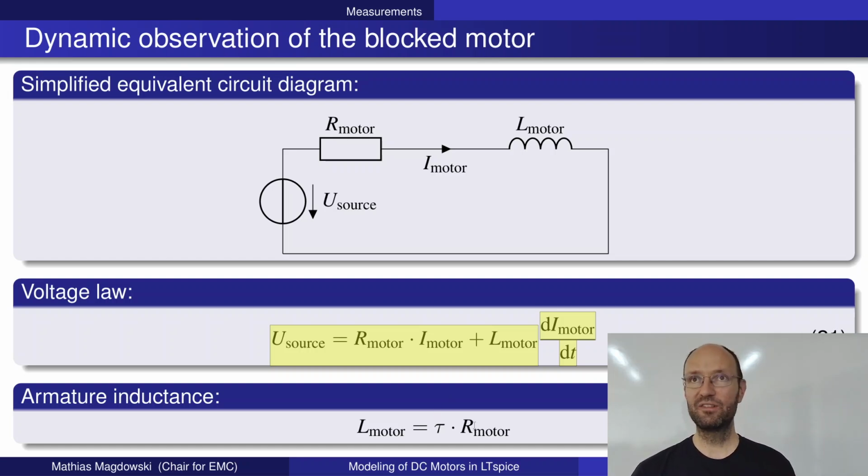And one step in the solution is that the time constant of this exponential function depends on the motor inductance and the motor resistance. If we know the motor resistance already, and if we determine the time constant, then we can calculate the motor inductance.